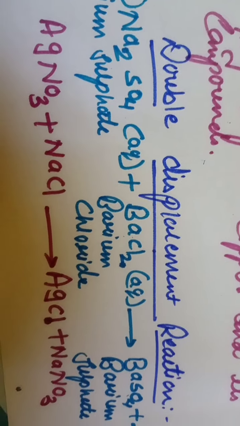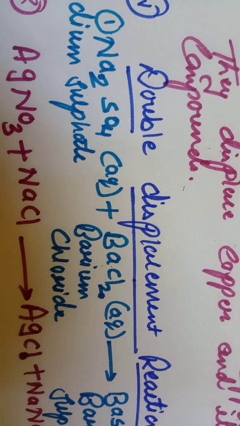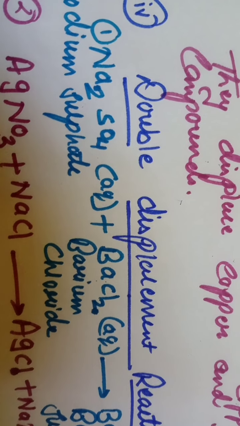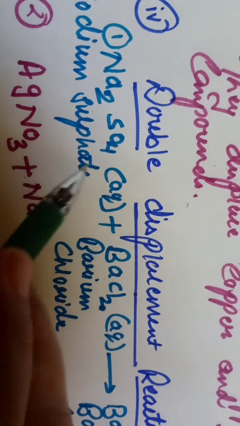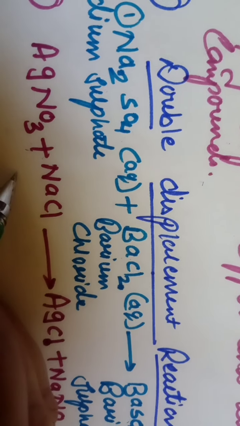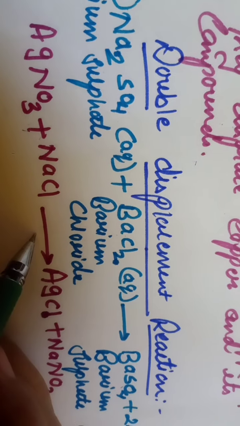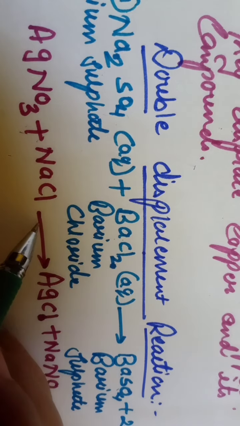This is also one type of double displacement reaction. These two are the examples of double displacement reaction. Note down, dear students, these two are important reactions which can be asked in your exam.